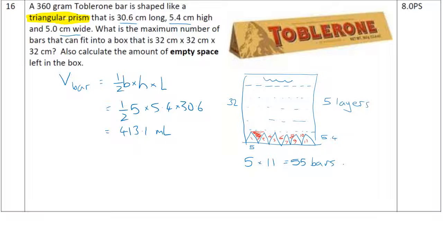Okay, so volume of bars in total, VBT, is going to be 413.1 mils multiplied by 55 bars, and what we get is 22,720.5 mils. So about 22,700 mils, which is 22.7 litres.